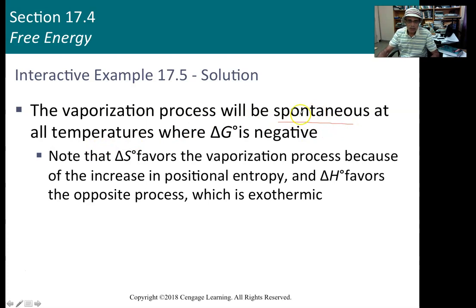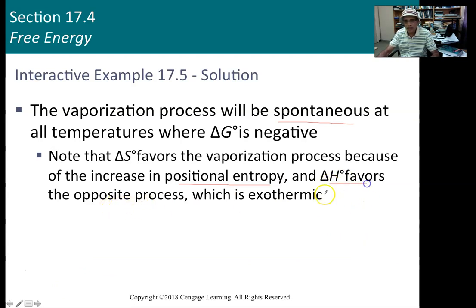That's what is happening in here. So that favors the vaporization process because of the increase in positional entropy or positional probability. And delta H naught favors the opposite process.